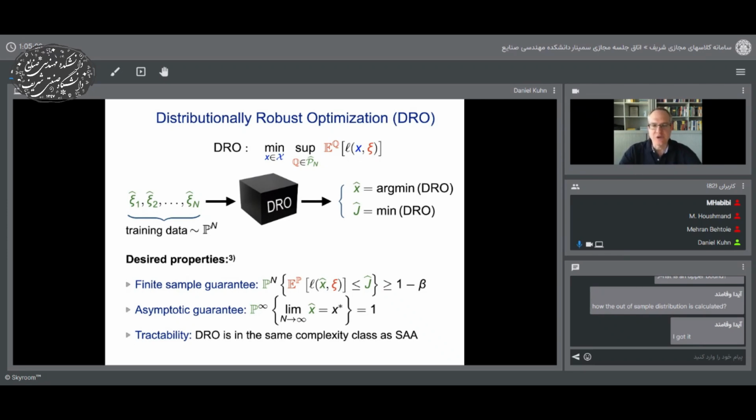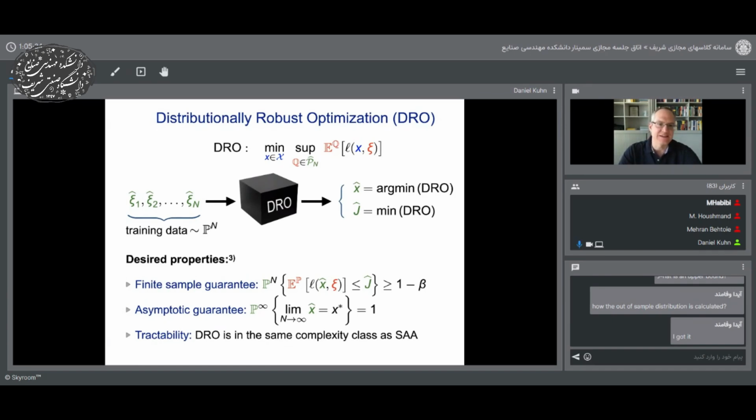Now, our decision problem is formulated as a zero-sum game, where the decision maker first chooses the decision X with the goal to minimize expected cost, and then some fictitious adversary, people often think of this as nature, chooses a distribution Q in the ambiguity set P hat with the goal to maximize the expected loss, so with the goal to hurt the decision maker as much as possible.